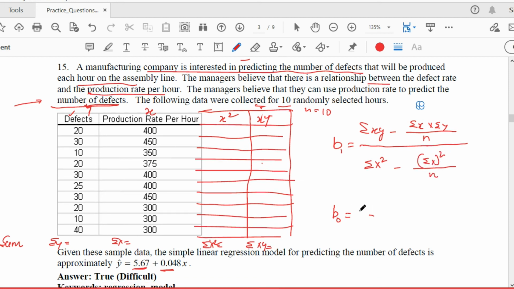B0 is equal to the mean of y minus b1 times mean of x.